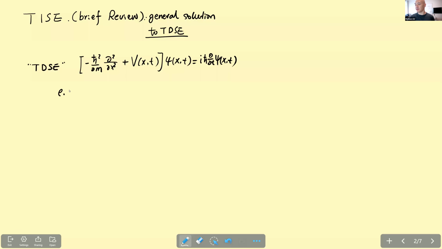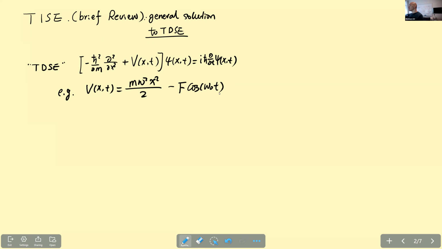For example, you can have a potential V(x,t) that equals the usual potential for the harmonic oscillator. We know that this is the potential for the harmonic oscillator. And now we apply a force F, but this force is time dependent, say cos(omega_0 t). It's an oscillating force.